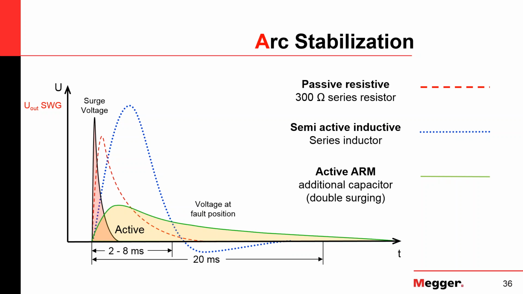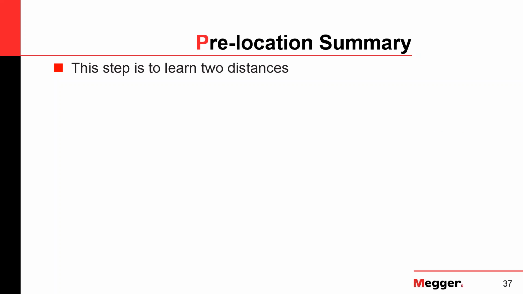People refer to this as double surging, and one variation of that is the ARM plus. So there you can see why there is a filter for the arc reflection method. It is to make it possible to gain a good radar reflection from the fault position. Now let's summarize.